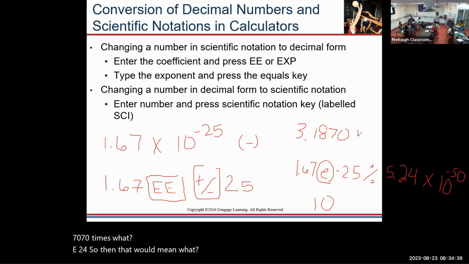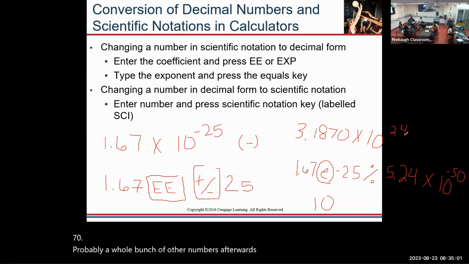What does that E represent again? It means times 10 to the 24 power. Okay? So, how many of you guys got 3.870? Probably a whole bunch of other numbers afterwards.